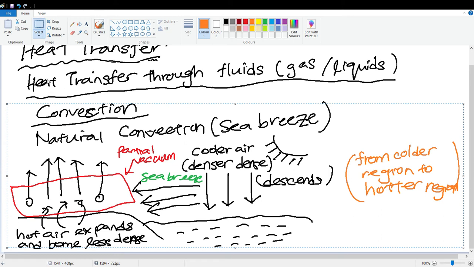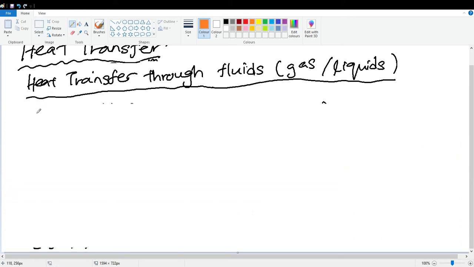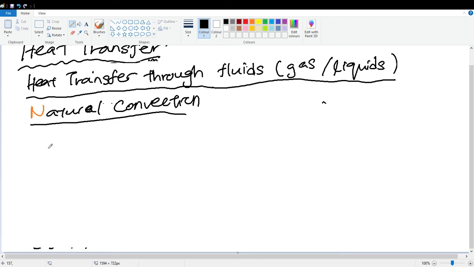And as for another example of natural convection, so what we have for the other examples, such as hurricane, monsoon wind, so let me see what we have here, and typhoon.